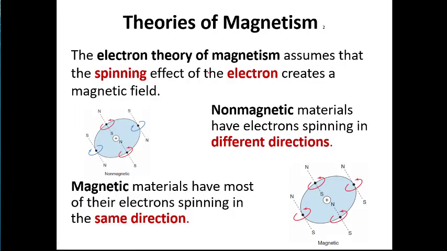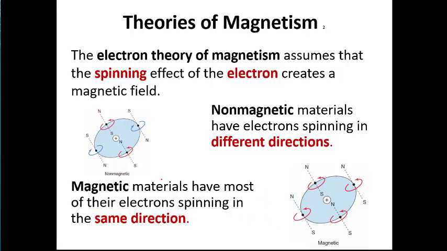So the electron theory of magnetism looks at one atom and the electrons that are spinning around that atom. The idea is if we can take these atoms and get the electrons to all spin in the same direction so that their magnetic fields don't cancel each other out, we can make that material magnetic.